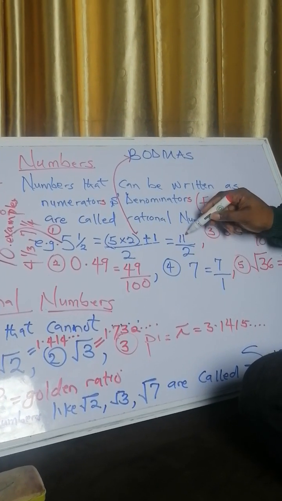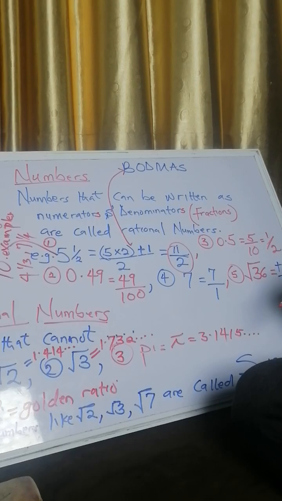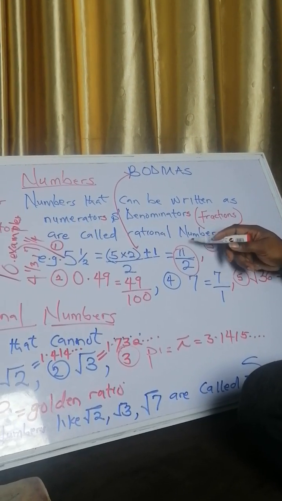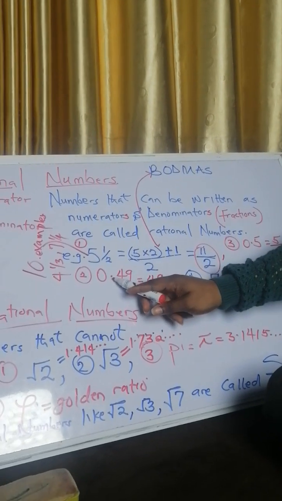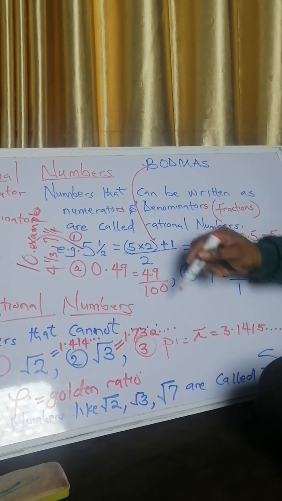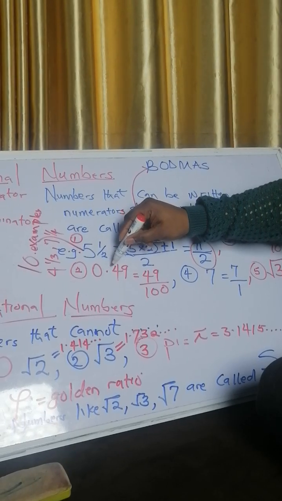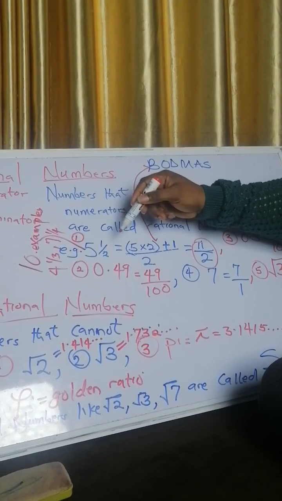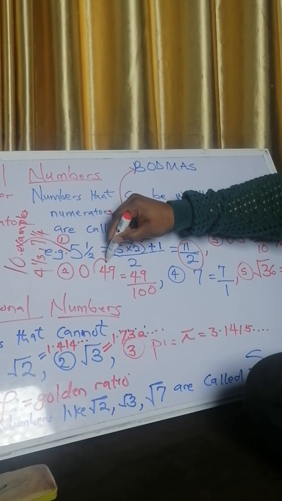So this is what we call, this is an example of what? Of a rational number. That's the first example. Look at the second example here, 0.49. In standard form, we'll still get to that, because those are the simple part in mathematics. We can move this point 2 times.